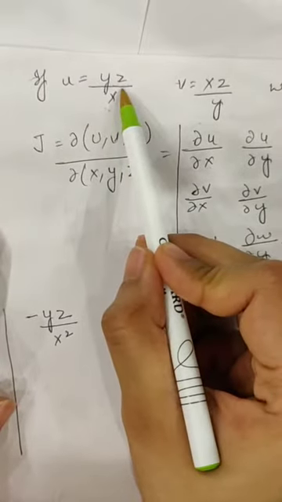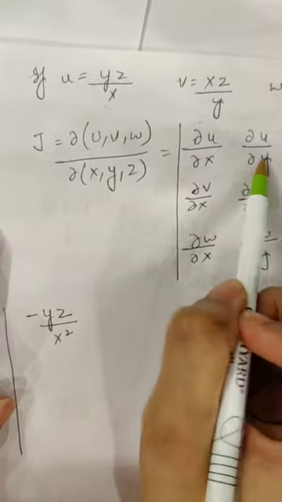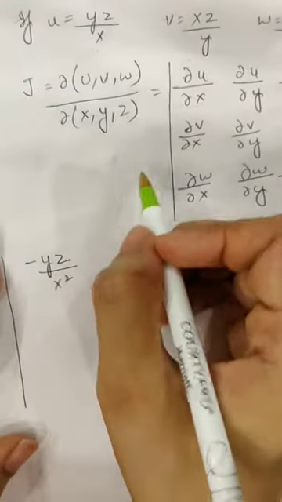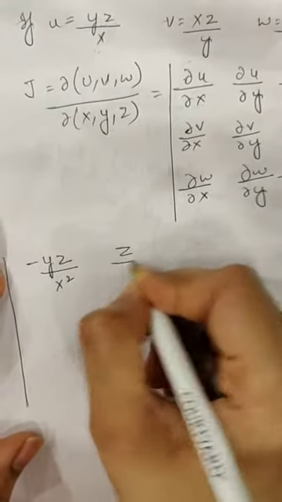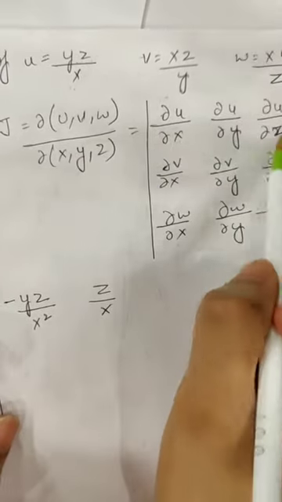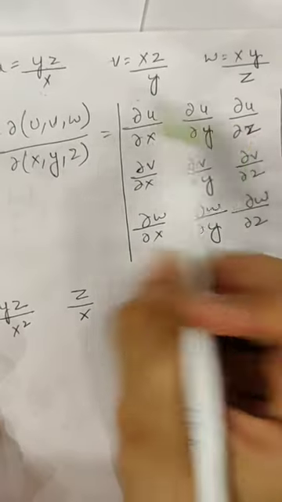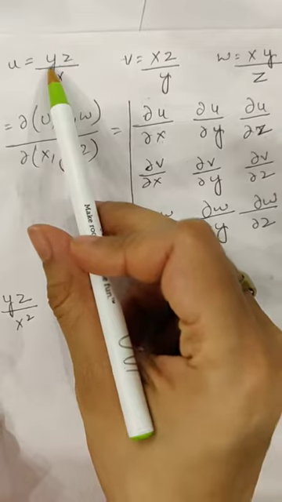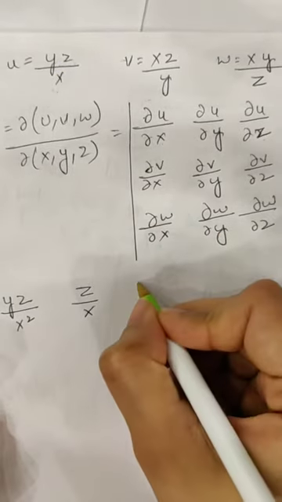Differentiating u with respect to y would be z by x. Differentiating u with respect to z would be y by x.